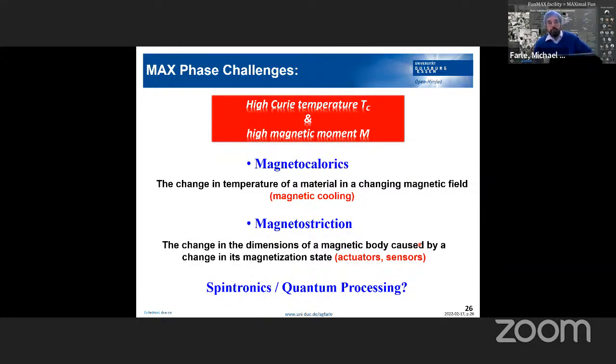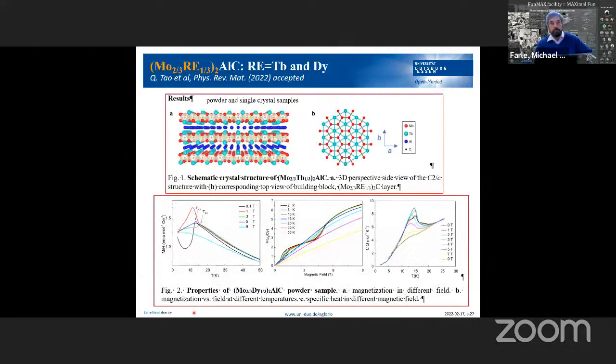For sensors, we might want magnetostriction, so a large volume change in a small applied magnetic field, to use these lightweight oxidation-resistant materials as actuators or sensors. And then a vast field which is just beginning to open is spintronics, magnonics, and quantum processing.